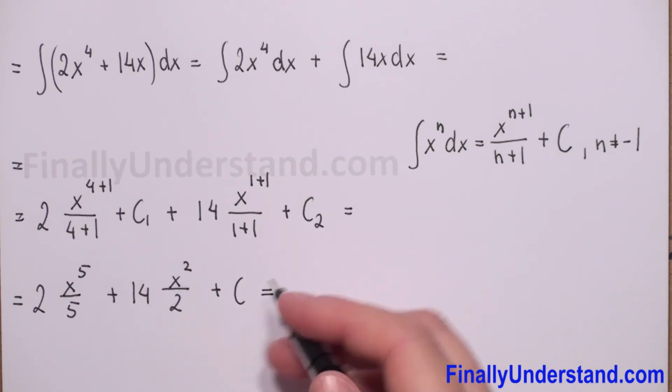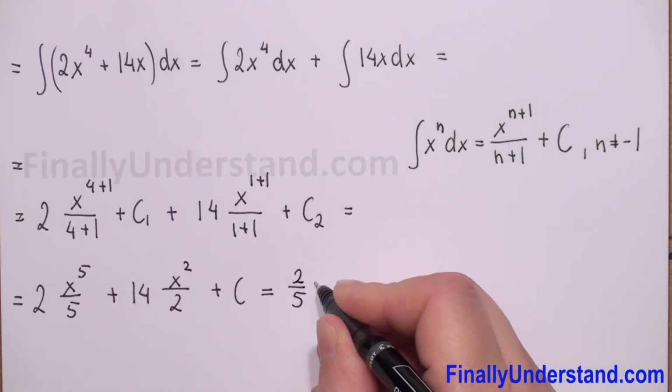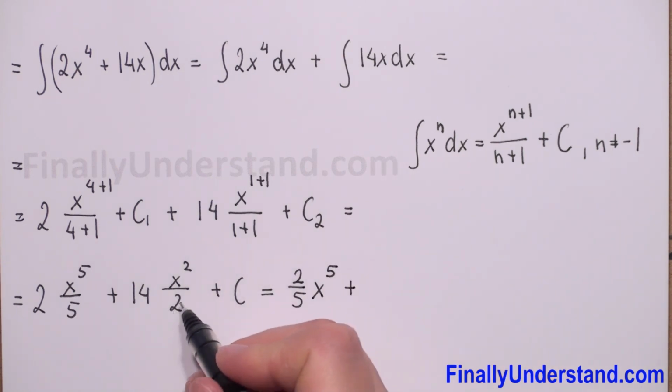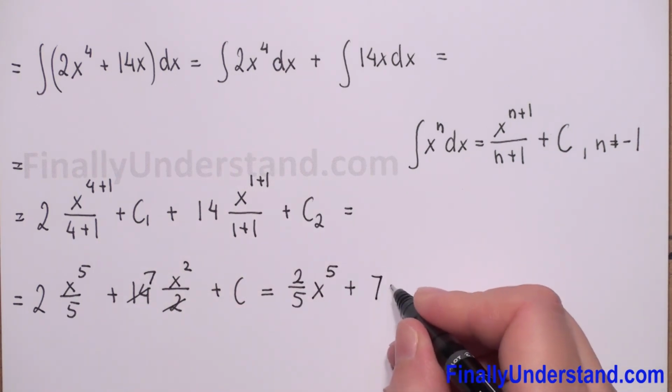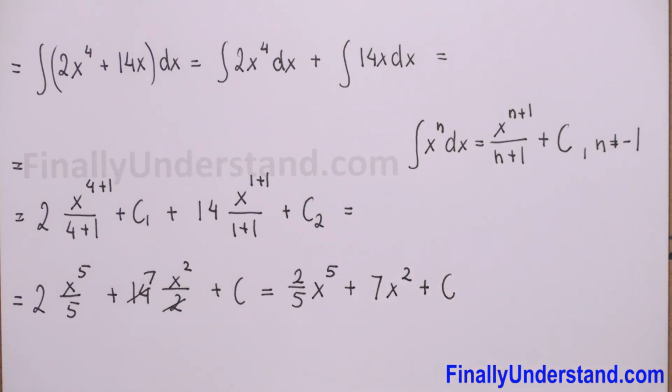This is equal. We can change this to 2 over 5 times x to power 5 plus 14 and 2 we can reduce, it will be 7x squared plus c. This is my solution.